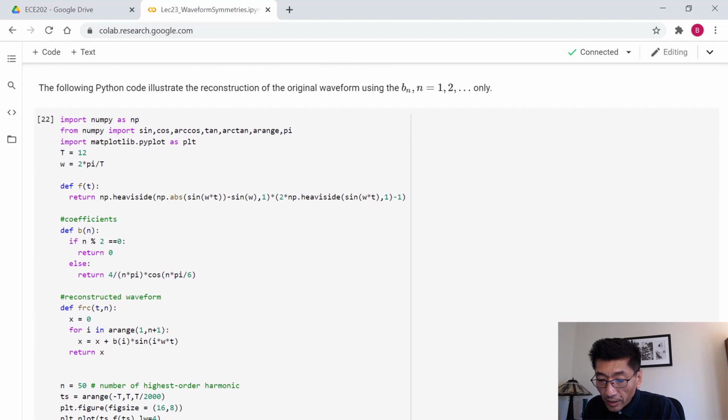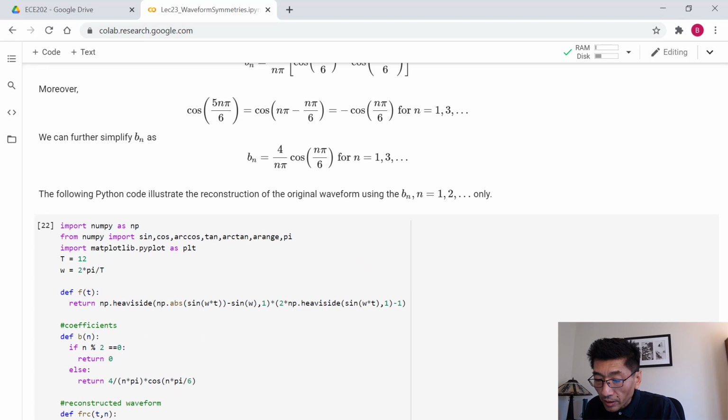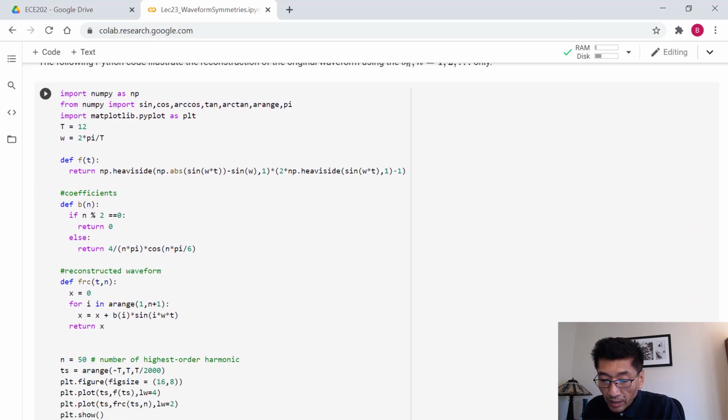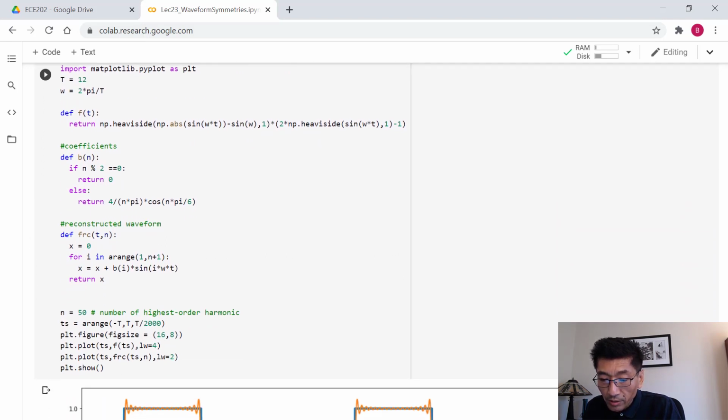Here I'm using the result we have here: 4 over n pi times the cosine n pi over 6, and we only do this for the odd terms. Again, here I'm defining the original function. If you're into the Python code, you can figure out how I define these.